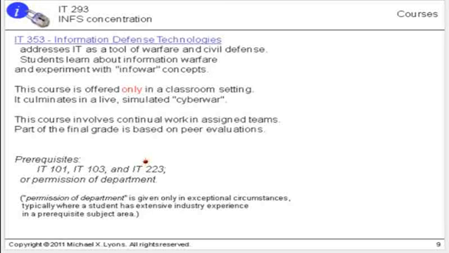Please understand, permission of department is an exceptional condition, not just something you can ask for. So this would typically only be where a student has extensive experience, perhaps in one of the prerequisite course areas, and has not yet taken it, or for some reason is going to be waived out of that course. Most students do not qualify for permission if they do not have a C or better in each of those 3 courses.